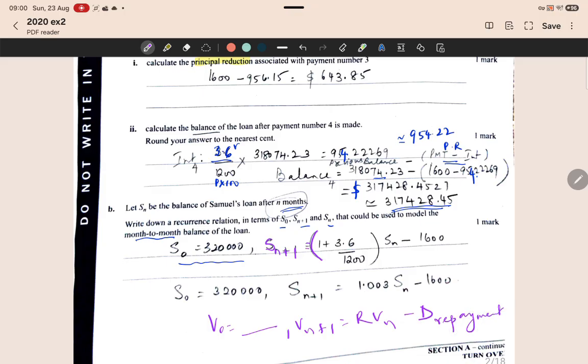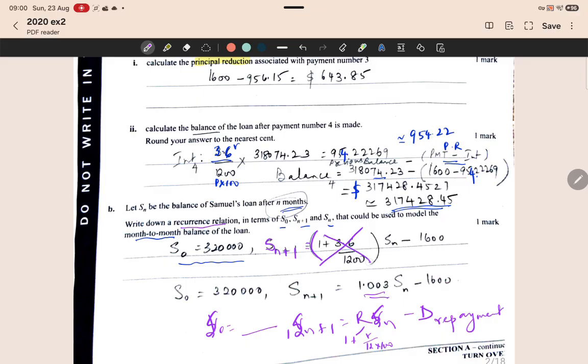So all they've done is asked you to replace S0 in the place of V0 and S in the place of all the V's, and then you get your recurrence relation. Your R value here is 1 plus R over 12 times 100, because it's on a monthly repayment basis, and that gives you this value.